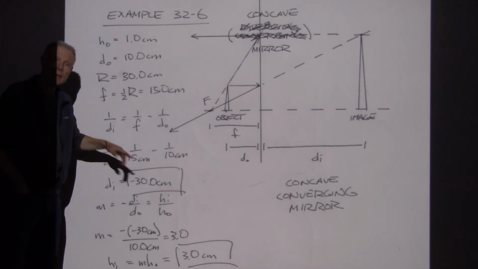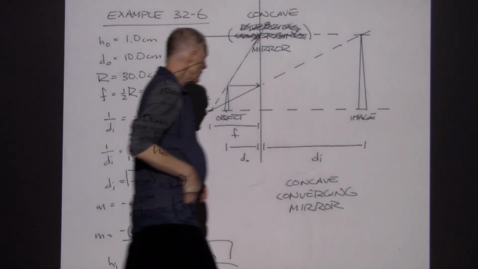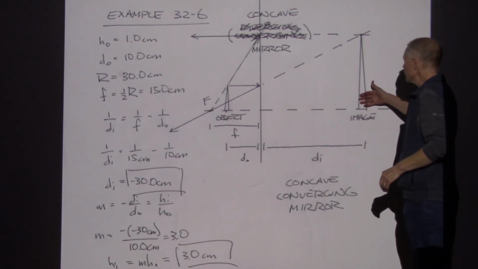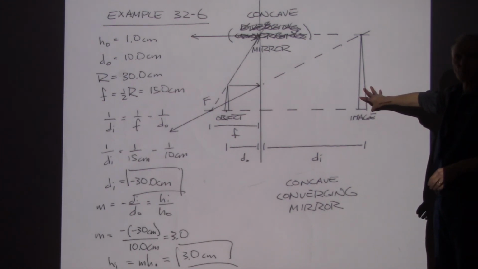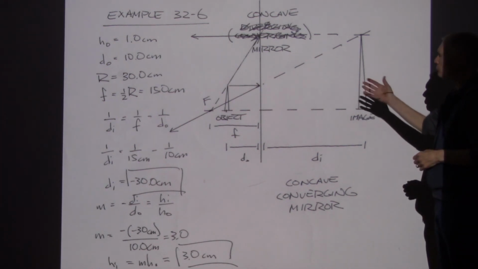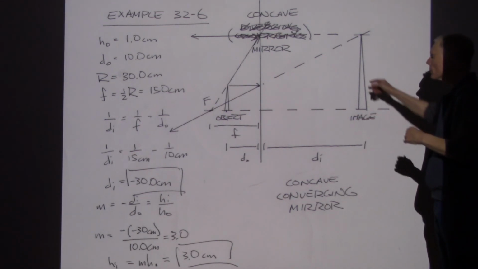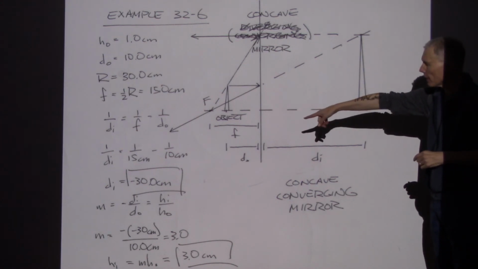There's a minus sign that comes out of the formula, and that minus sign is telling me that the image is located over here on the minus side of the mirror. And that's what we saw in our ray diagram. I've drawn the ray diagram here. Everything agrees. The diagram agrees with the mathematics.